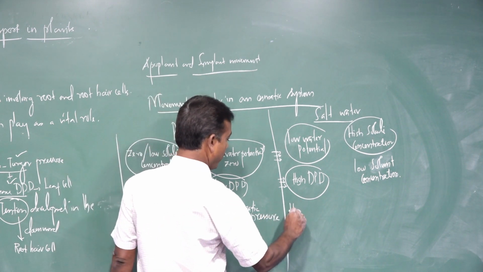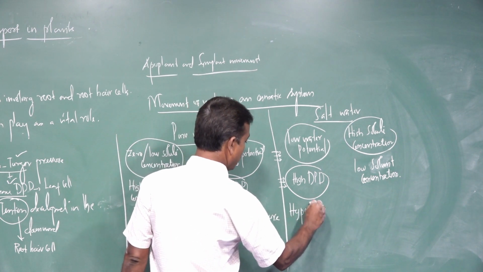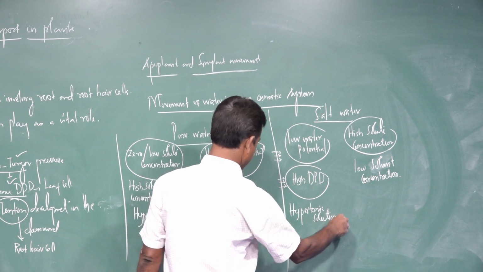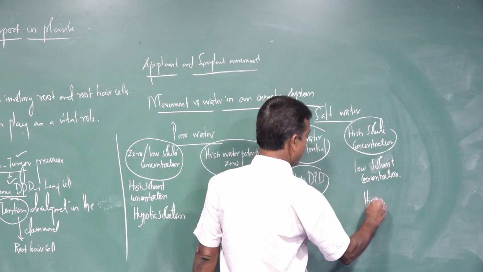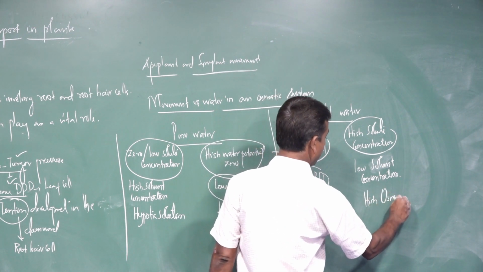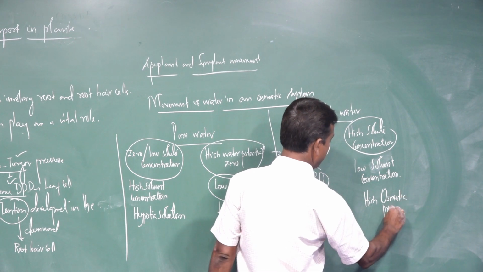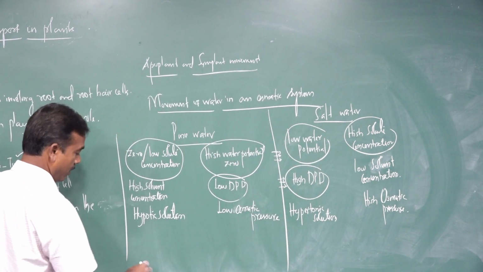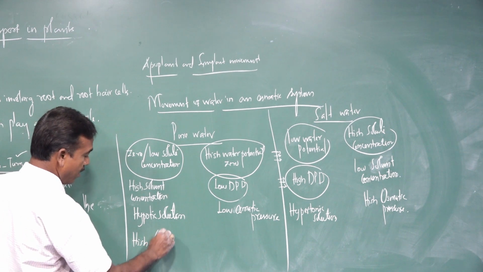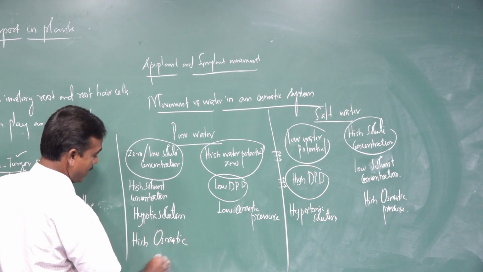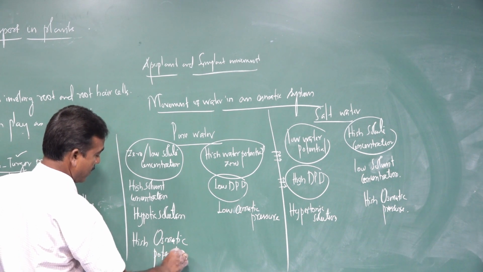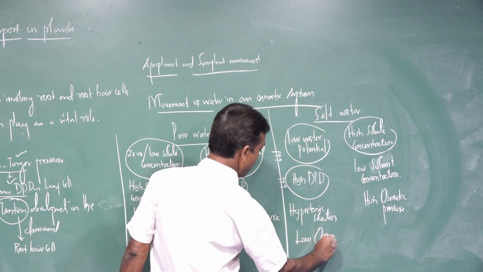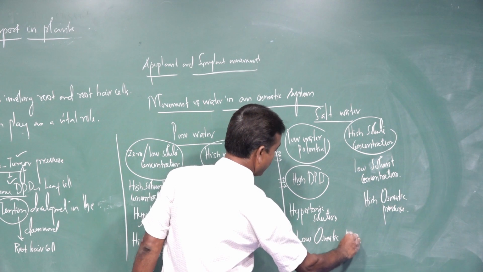But here, the hypertonic condition has high osmotic pressure. Then the fourth one: high osmotic potential, whereas here it is low osmotic potential.